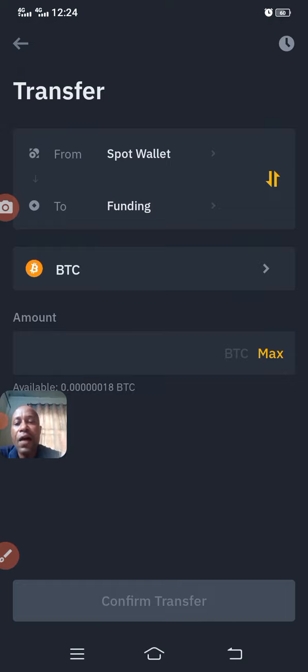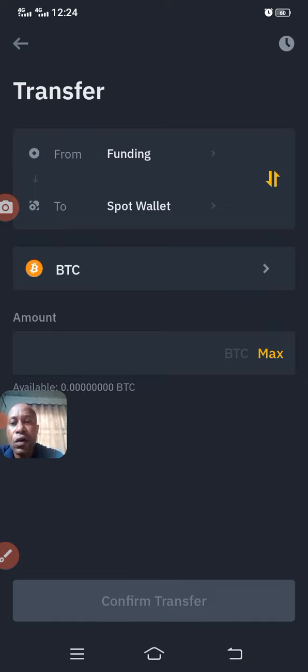But if I have bought something from peer-to-peer, it will be exactly in funding wallet. If it's in this format, I will just click, the icon will rotate, then I will transfer from funding wallet to spot wallet because I want to use it to trade in the spot market.